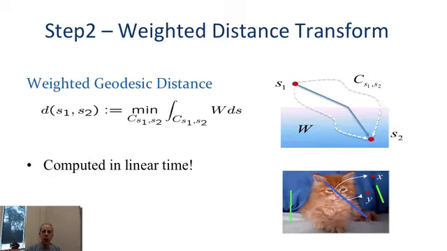What we're going to do is try to find all the pixels in the image, compare them with the probability of being foreground and the probability of being background, and then make a decision. How are we going to do that comparison? Using something called geodesic distance.